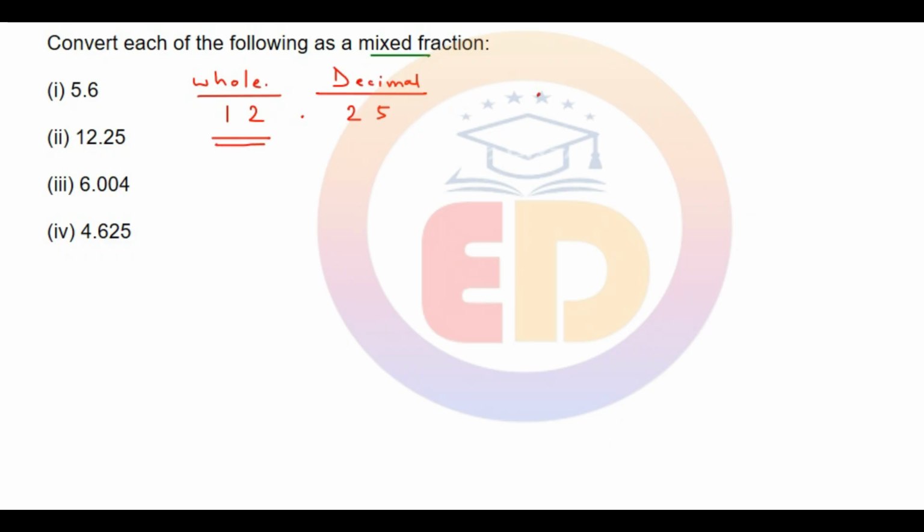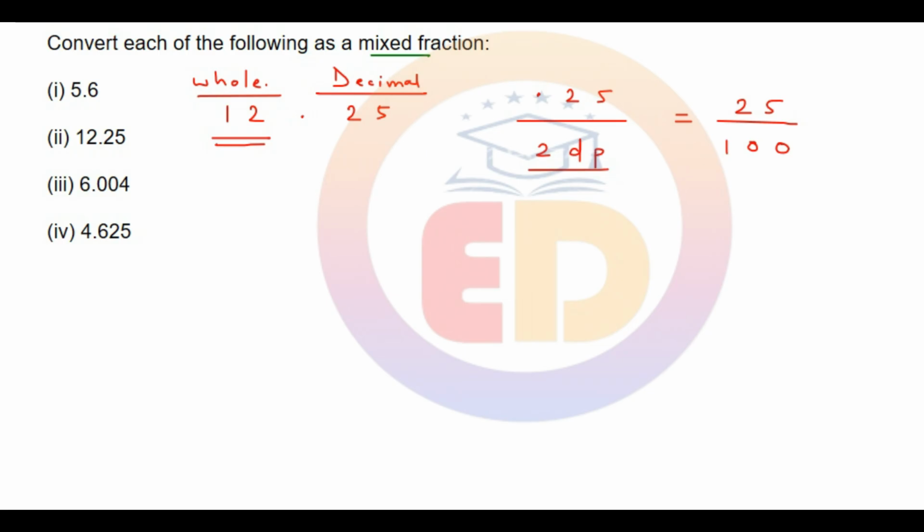It is 0.25. In 0.25, after the decimal point, we have two digits. Two digits means two decimal places. Now let's write down 0.25 without the decimal point. It will become 25. In the denominator, after 1, place 2 zeros, because there are two decimal places. It becomes 25 upon 100.